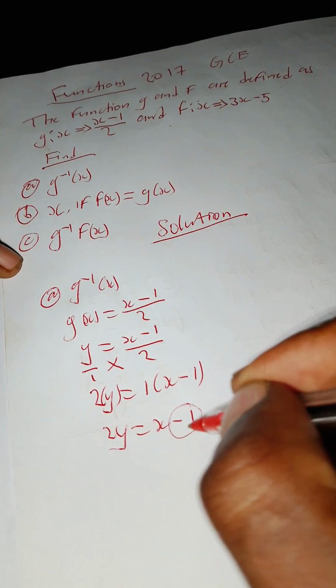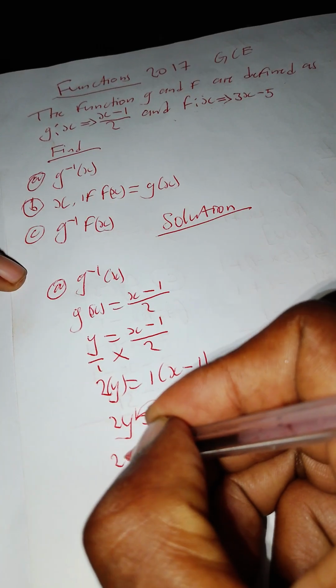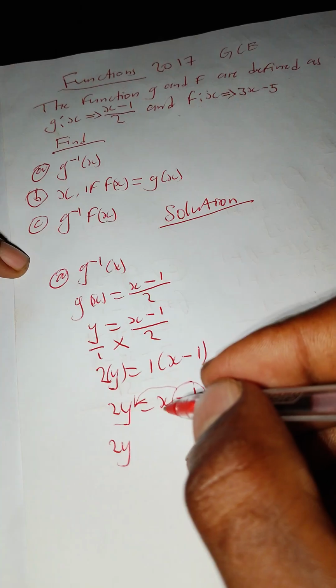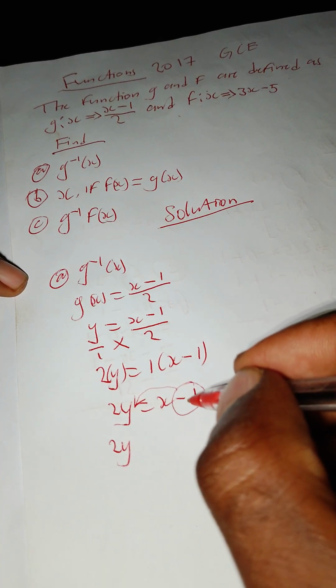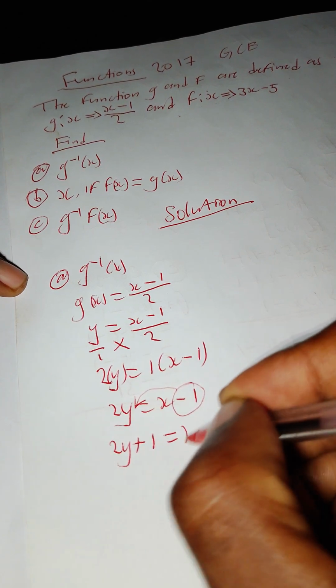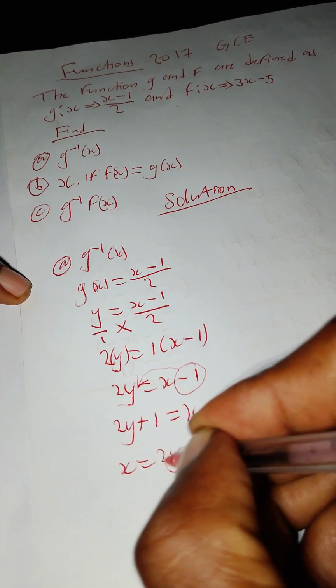Then this guy has to cross the equal sign, leaving x alone, so it will be 2y. As it is crossing the equal sign, it will change the sign. Actually, we say find the additive inverse of negative 1, so it will be positive 1, is equal to x. We've achieved that x is the subject of the formula.